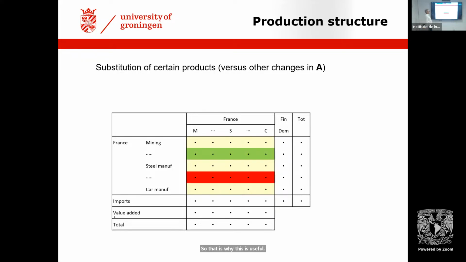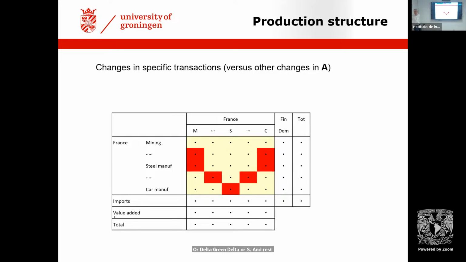Or if you're interested in substitution, replace green by red. The delta A now splits into delta green plus delta red, and the rest. I don't know. If this is what you want, go ahead. It's possible. You can split the delta A into delta red, delta yellow.